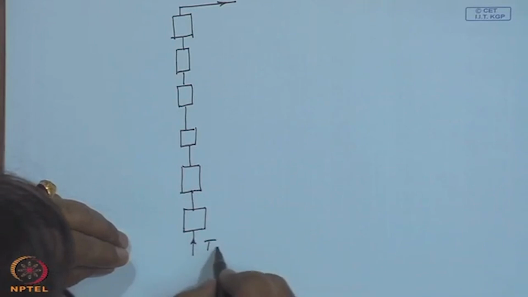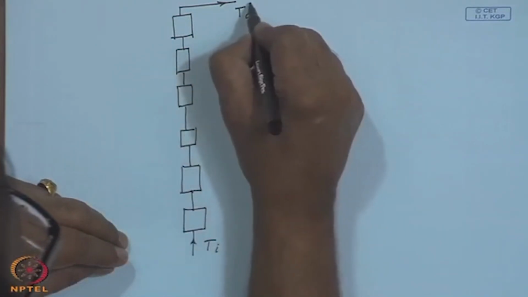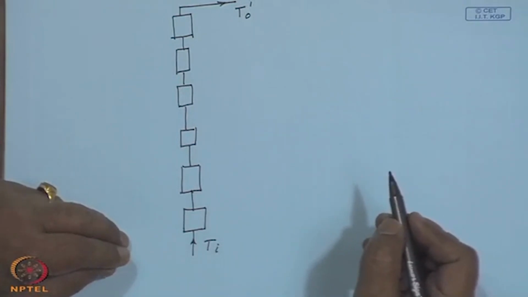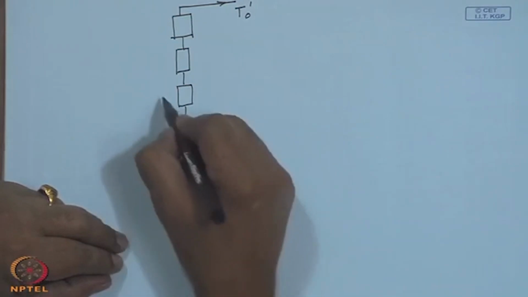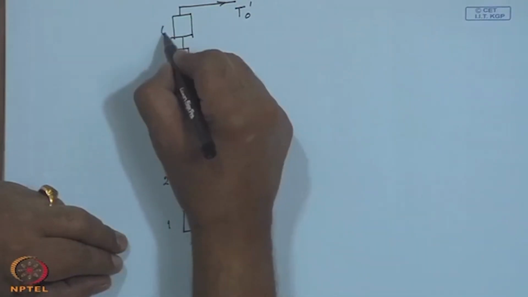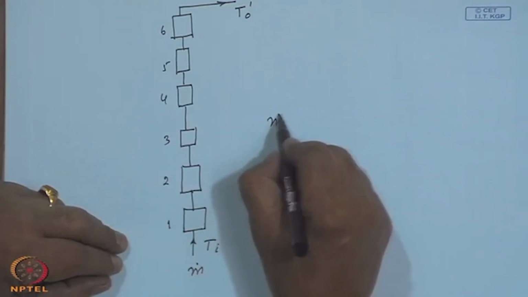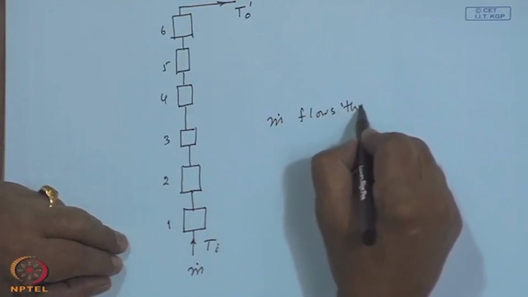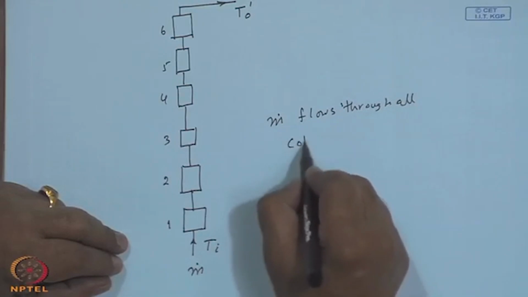So, this enters at T I. In general, this may go out at T O dashed, which may be different from T O when they were all in parallel. This is collector number 1, 2, 3 and 6. So, m dot flows through all collectors.